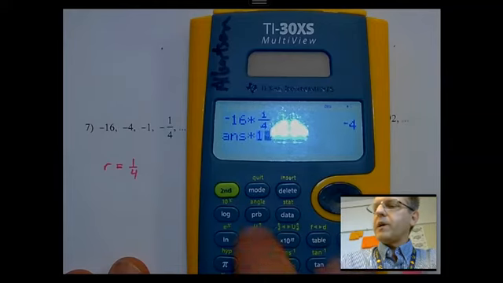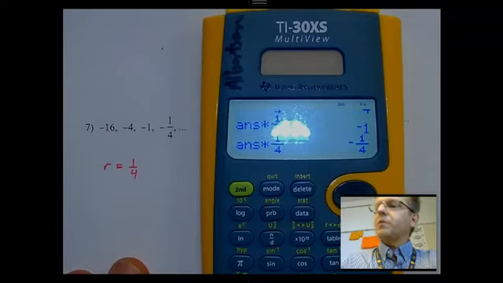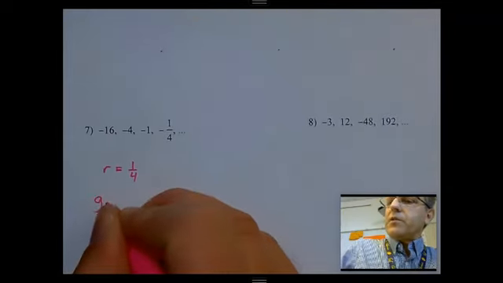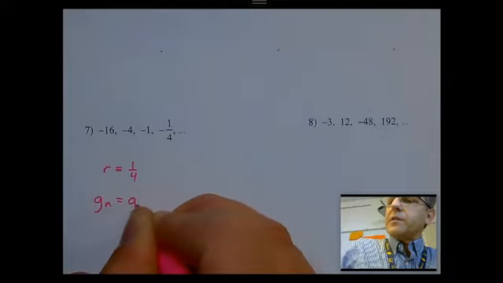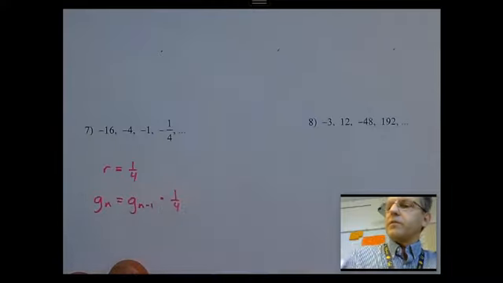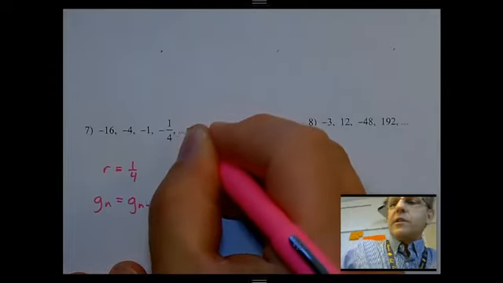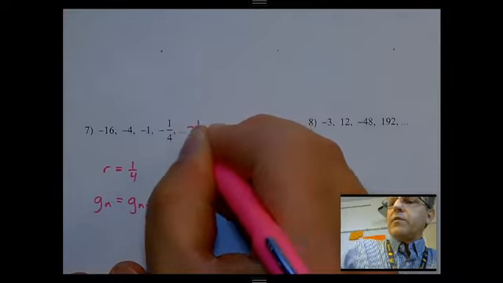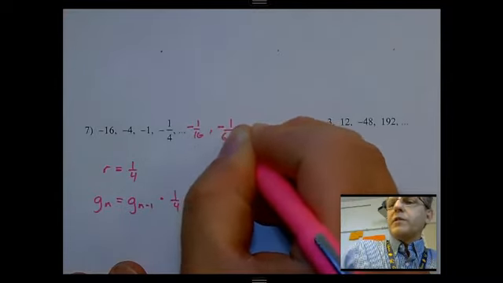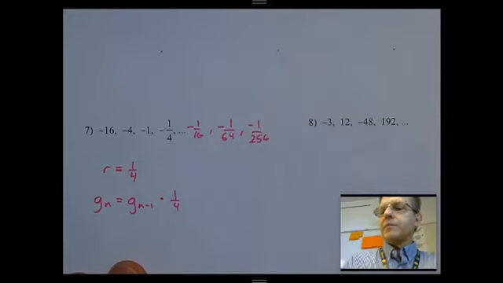Multiply by 1/4 again, and we get our pattern. So the geometric recursive formula is go to the previous term and multiply by 1/4. If you wanted to continue this sequence, you'd have negative 1 over 16, negative 1 over 64, and negative 1 over 256.